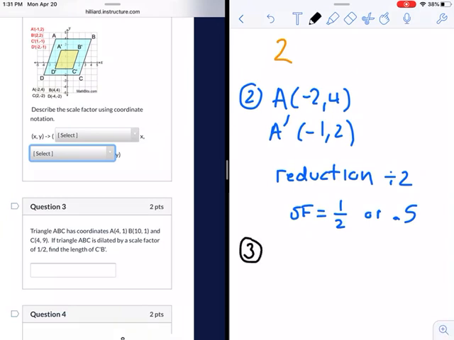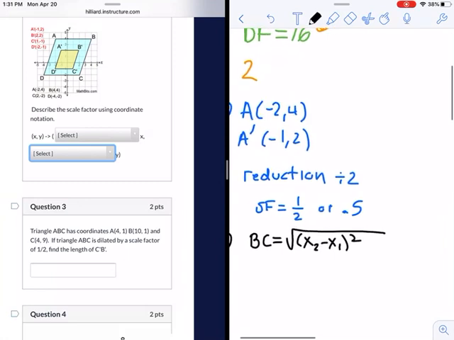Alright, ooh, this one's a fun one. Number 3. Triangle ABC has the following coordinates, and if it's dilated by a scale factor of 1/2, let's find the length of C prime, B prime. Alright, so let's find the length of BC. We're not even going to worry about the dilations. I'm just going to use the distance formula, which is this right here, and find that length.